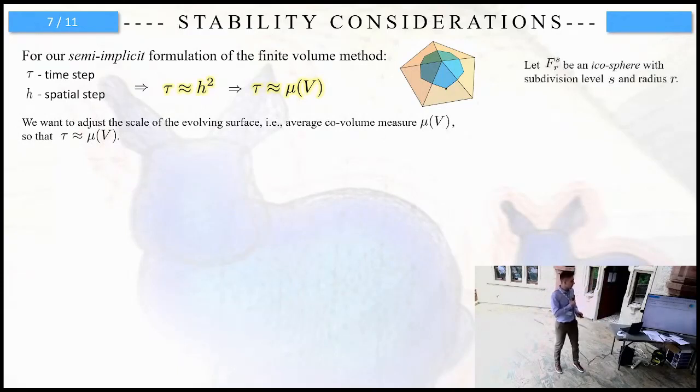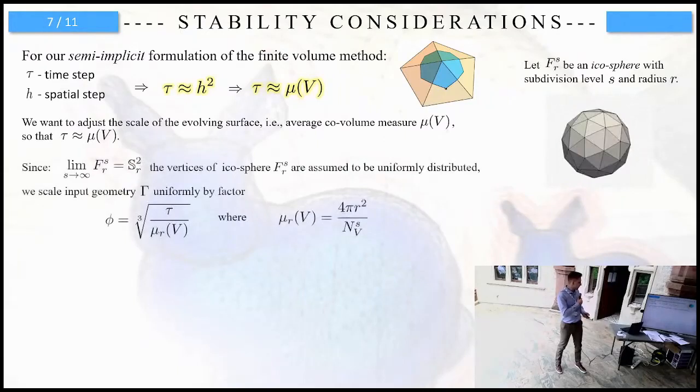Now we start with an icosahedral sphere with some subdivision level S and radius R, and basically this is what it looks like.